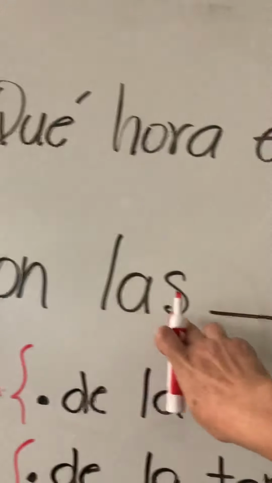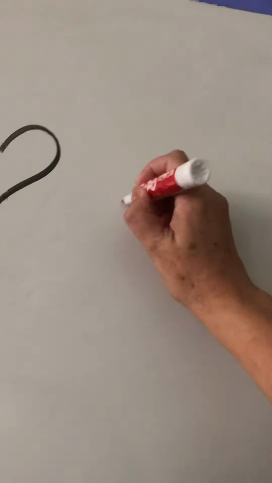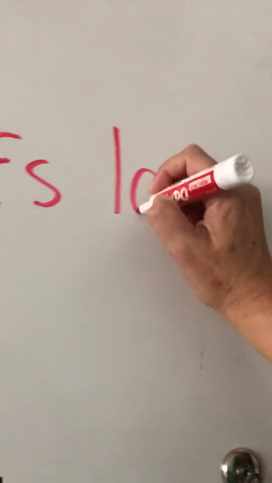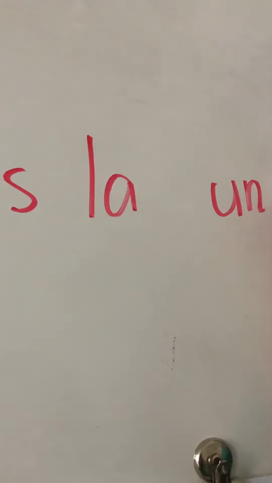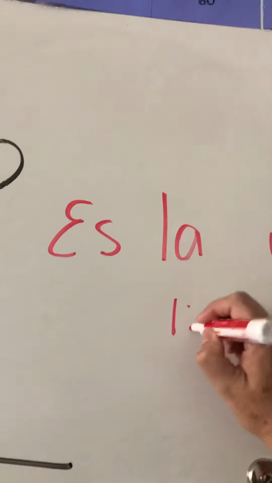One more thing I have to tell you. If it's 1 o'clock, since 1 is only 1, I wouldn't say son las, because son is for a bunch of hours. If it was 1 o'clock, I would say es la. So es la una, or es la una y media, and that would be 1 o'clock.